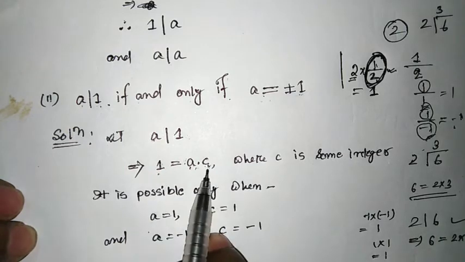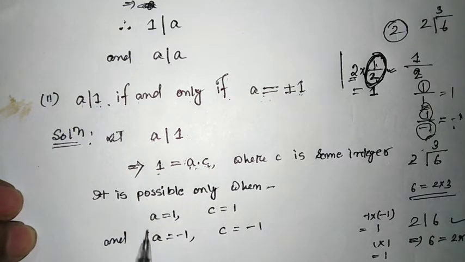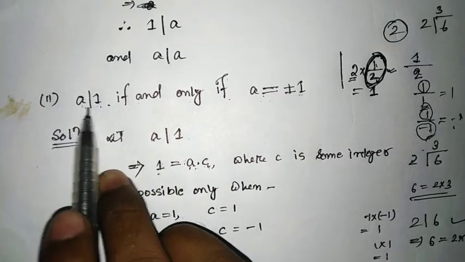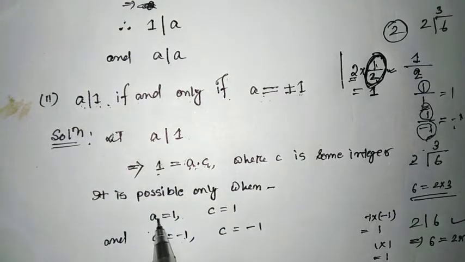But the twist is that as we know a and c are integers, so we cannot take the value of c as half, because half is not an integer, and here it should be an integer. So this equation is possible only for a is equal to 1 and c is equal to 1, or a is equal to minus 1 and c is equal to minus 1.